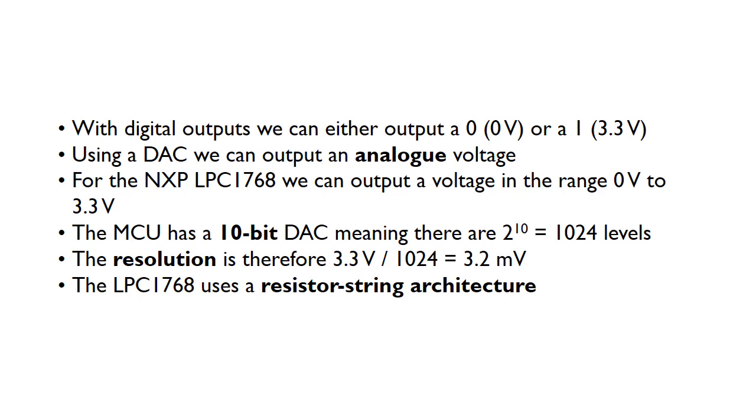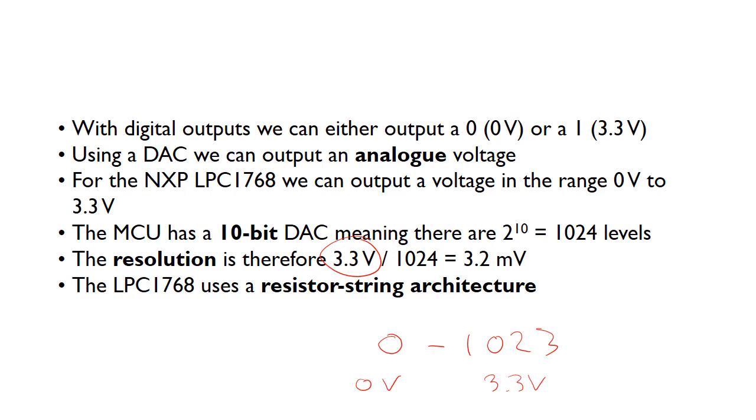So these digital levels essentially go from 0 to 1023. 0 will obviously correspond to 0 volts, and 3.3 volts will correspond to 1023. So the difference between each step, or the resolution, is 3.2 millivolts.